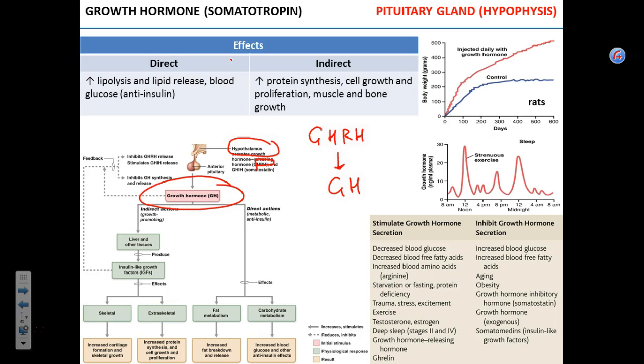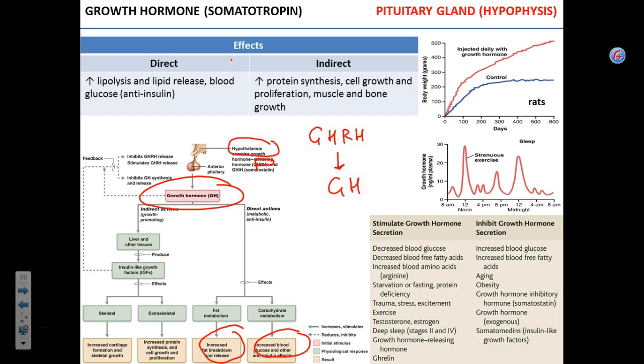Growth hormone has direct and indirect effects. The direct effects of growth hormone are the increase in fat breakdown and elevation of blood glucose.